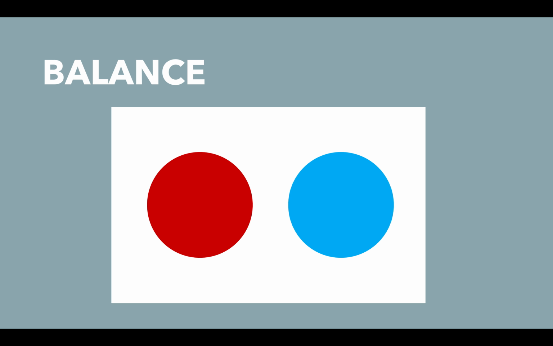Balance is a very important part of how you organize your layout on a page. If we think about the balance of these two circles right now, they're very evenly balanced. They're taking up the same amount of attention. You're kind of drawn to both of them at the same time.